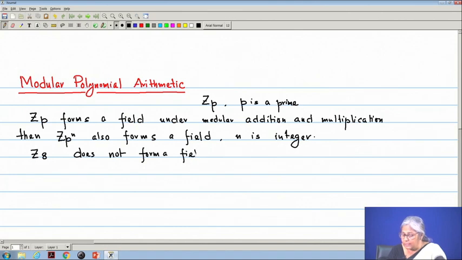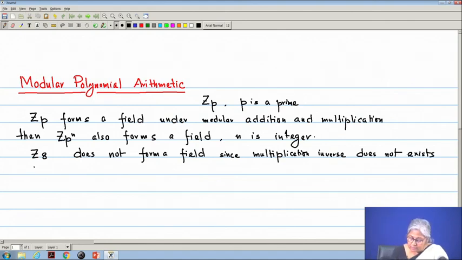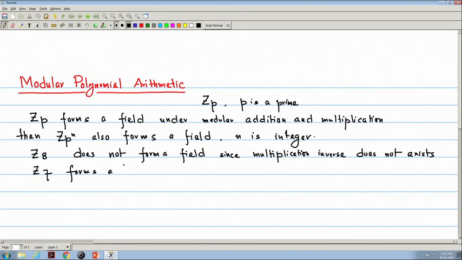It is a ring, but the multiplicative inverse does not exist for all elements of Z8, whereas Z7, that means p equal to 7, forms a field.